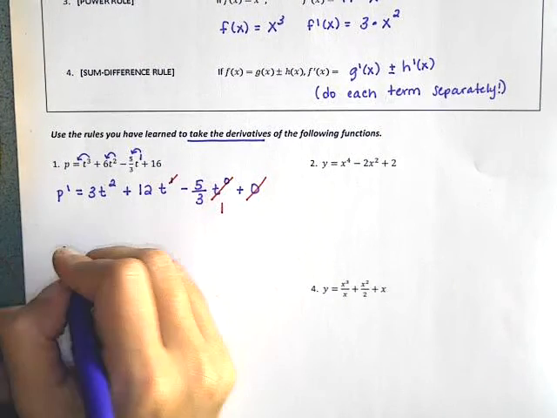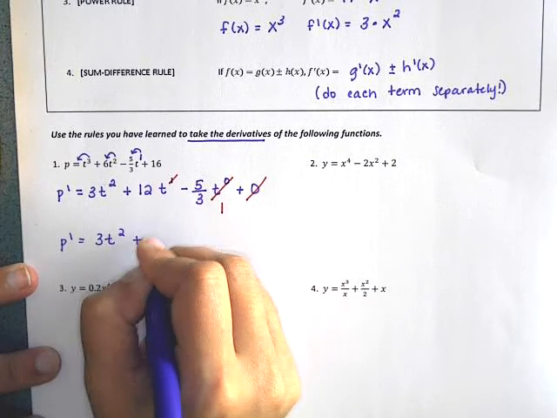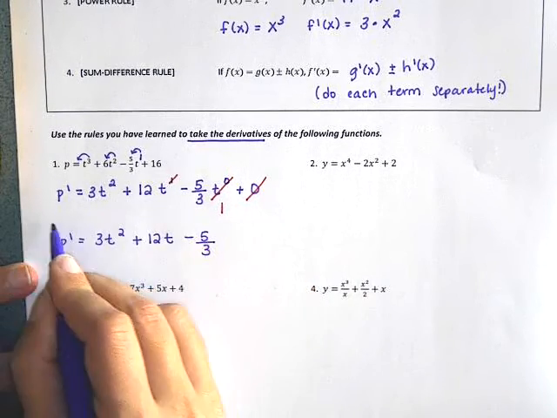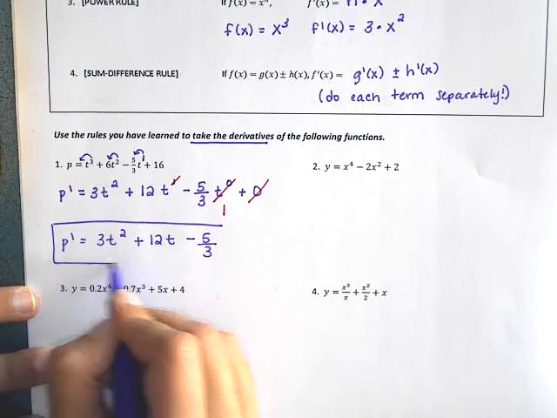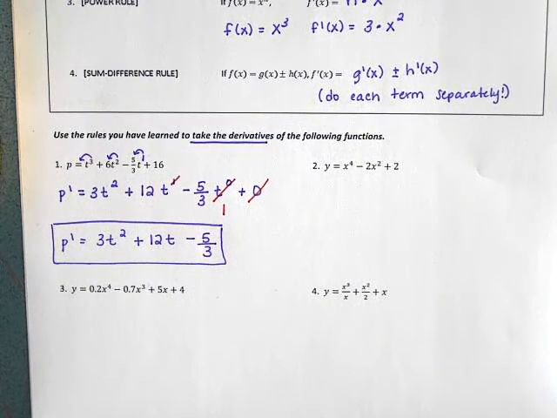So my final answer would be 3t squared plus 12t minus 5/3, and you're done. Now if you think back, the long way of finding derivatives, limit as h approaches 0 and all that stuff, this problem would have been the worst to try to solve the long way, and we just did it in like 15 seconds. I love derivative rules.